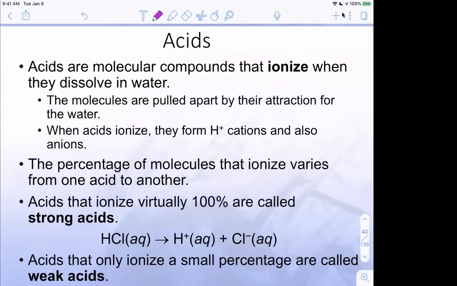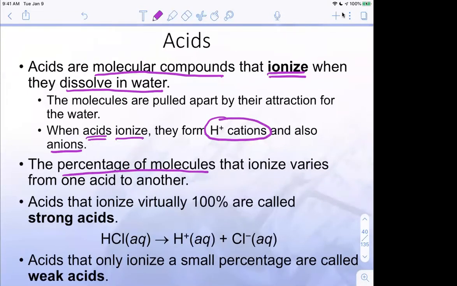Remember, acids are molecular compounds that will ionize when they're dissolved in water. The molecules are pulled apart by their attraction for the water, and when acids ionize, they form H plus cations and the anion of whatever conjugate base or polyatomic anion they were connected to. So the percentage of molecules that ionizes is going to vary.